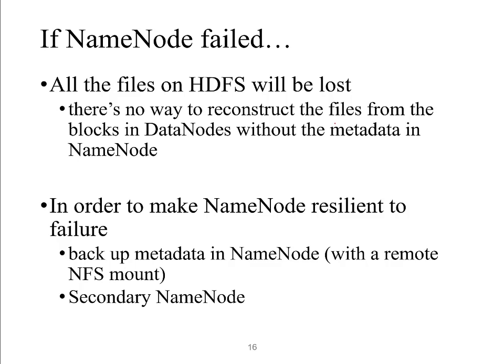So the usual configuration choice is to write to local disk as well as a remote NFS mount, where NFS stands for network file system. Okay. And the other way is to use a secondary name node.